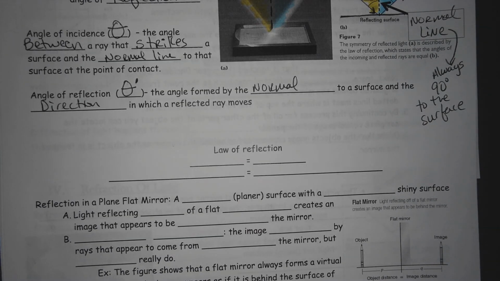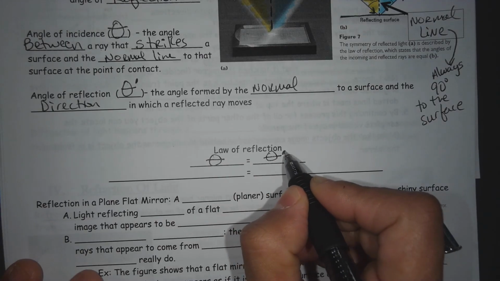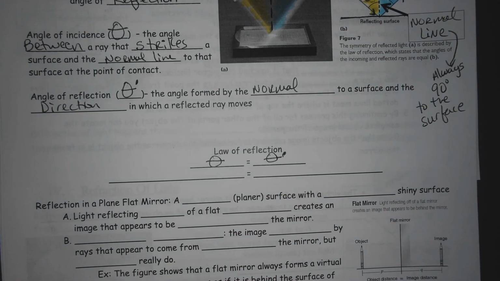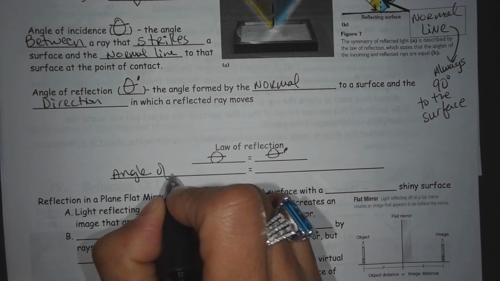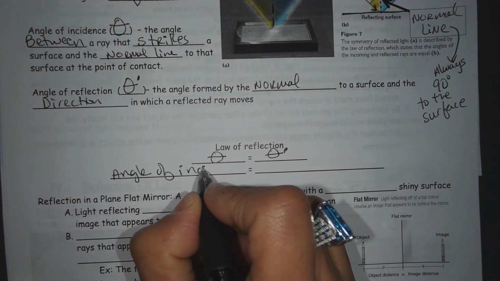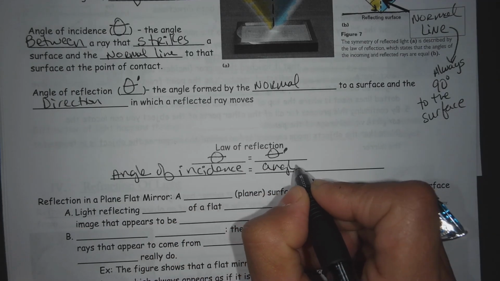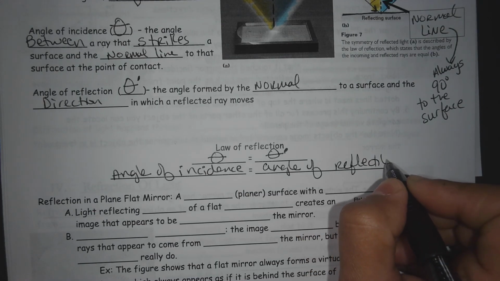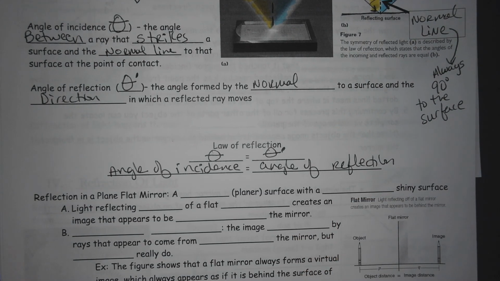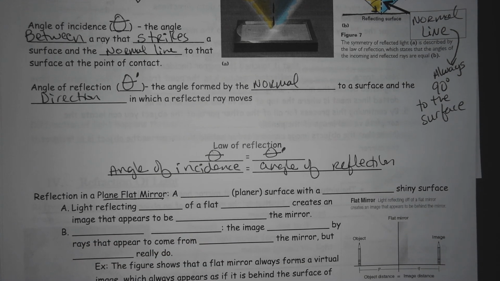The law of reflection states that my theta is always equal to my theta prime. It says here that the angle of incidence is always equal to the angle of reflection. But remember, this only occurs in a plain flat mirror, a nice surface like the video that we just watched.